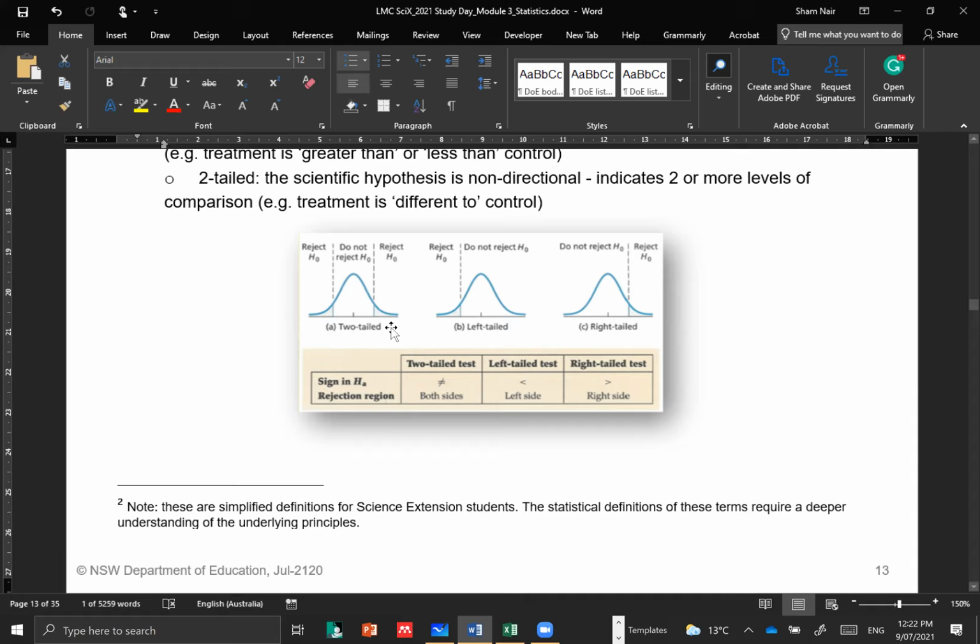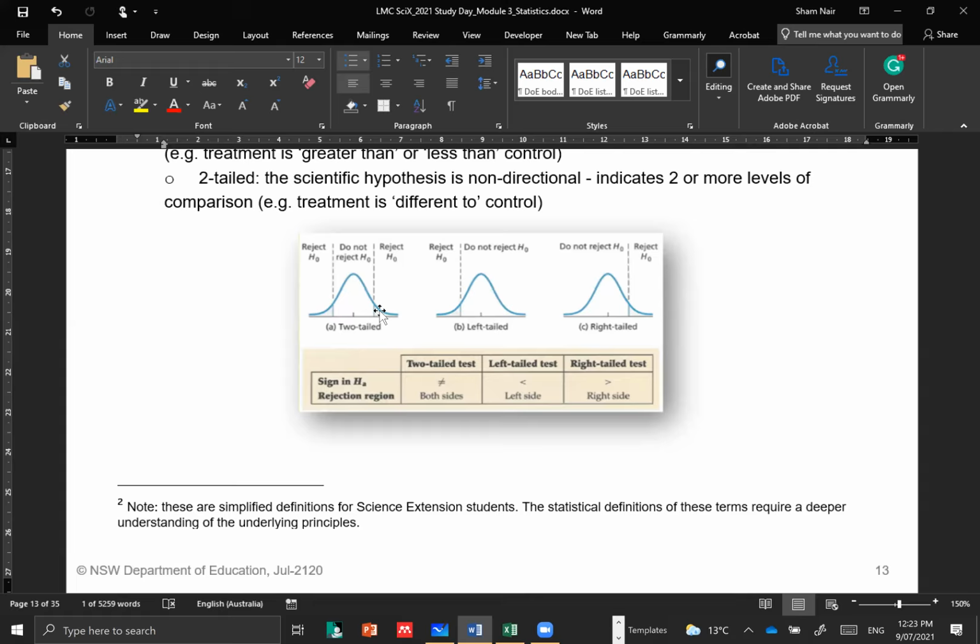It depends on whether you're looking at, so if it's a two-tailed, it means that, let's say you're comparing two groups, a treatment group versus a control group. And let's say your question is asking, is there a difference between the treatment and control? You don't care about what type of difference.